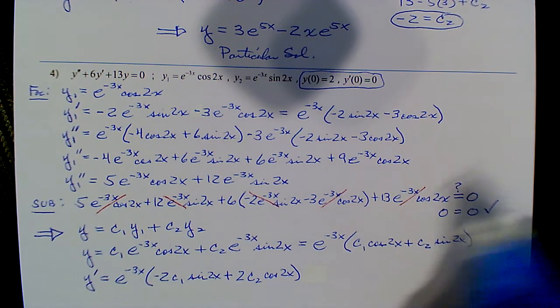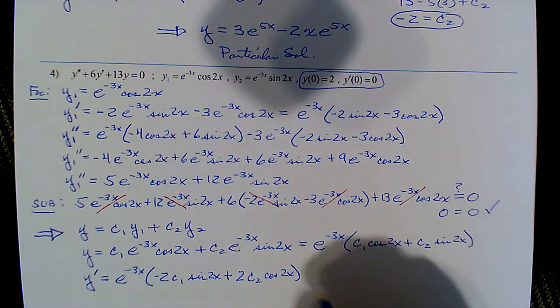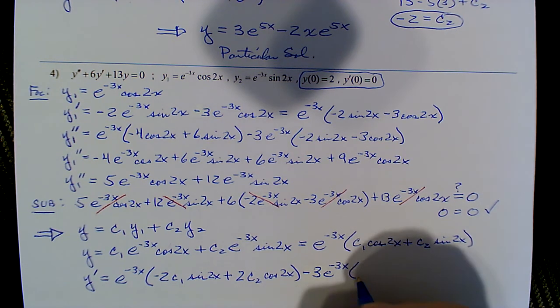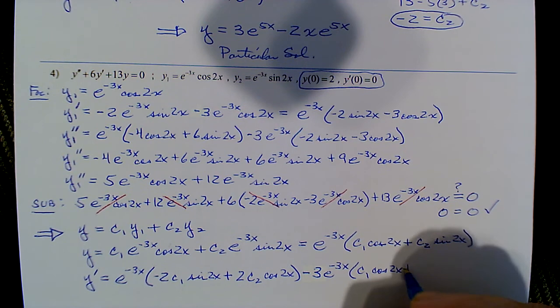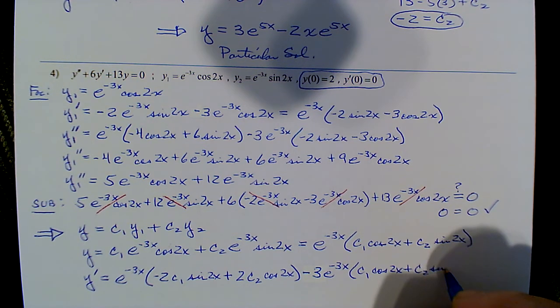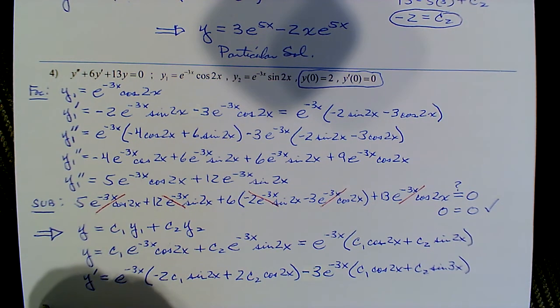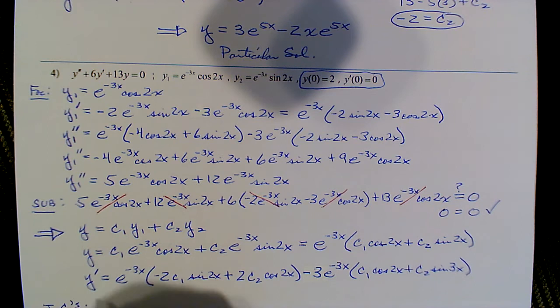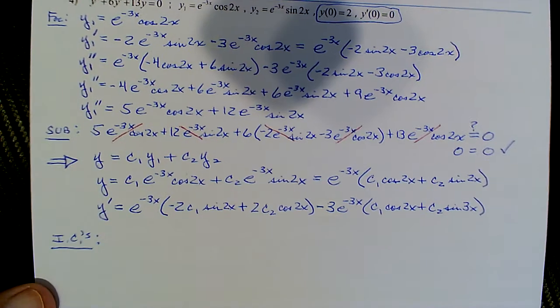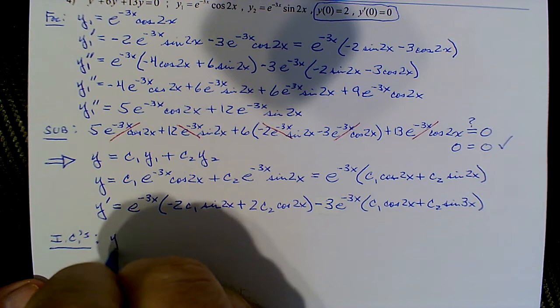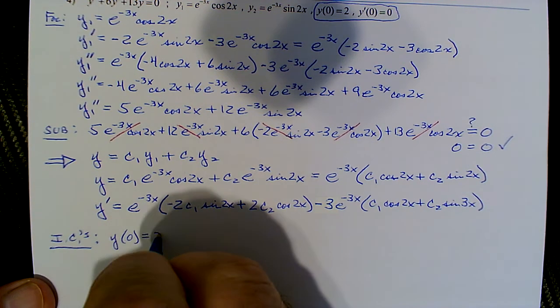So I'll change this plus to a minus 3 e to the negative 3x, and then times what's in parentheses. Alright, so we'll leave it at that and we'll go to the initial conditions. Because remember, with sines and cosines, things unfold neatly when we evaluate at 0, for example. y of 0 is 2, our first initial condition.